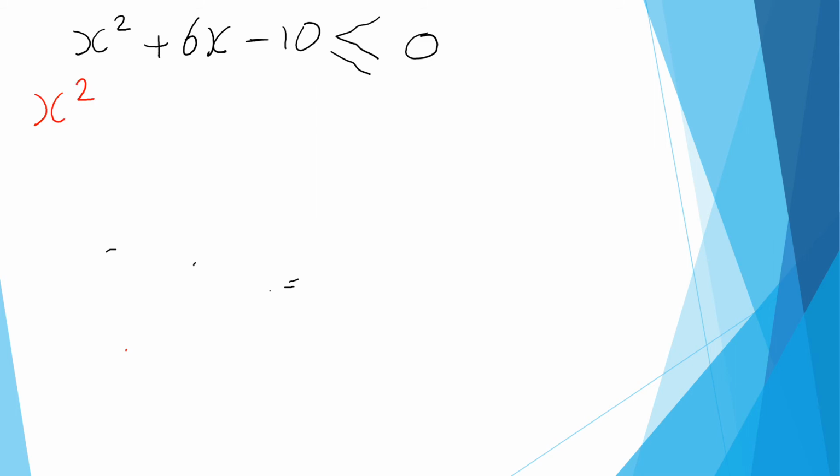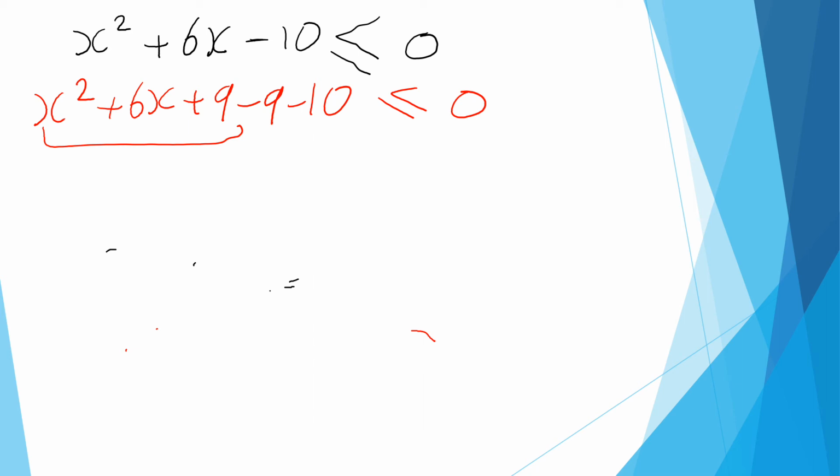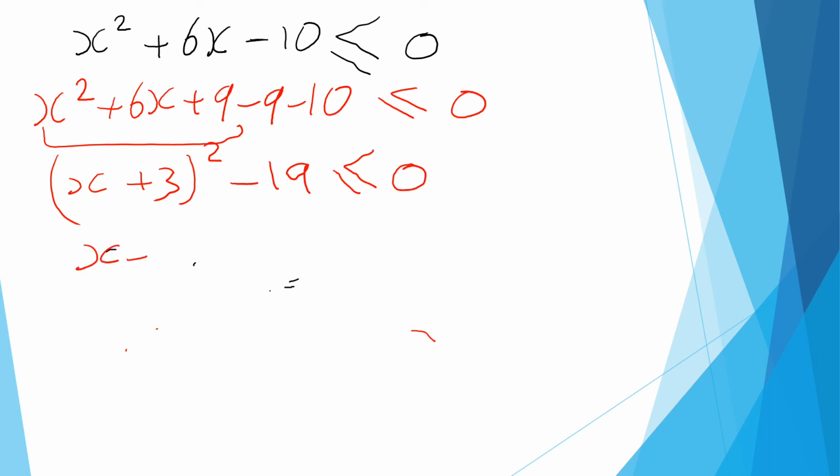So we have 6, divide by 2 is 3, squared is 9. So I'm going to add 9, subtract 9, take away 10, less than or equal to 0. So I'm going to factorize this using completing the square. Rearrange.